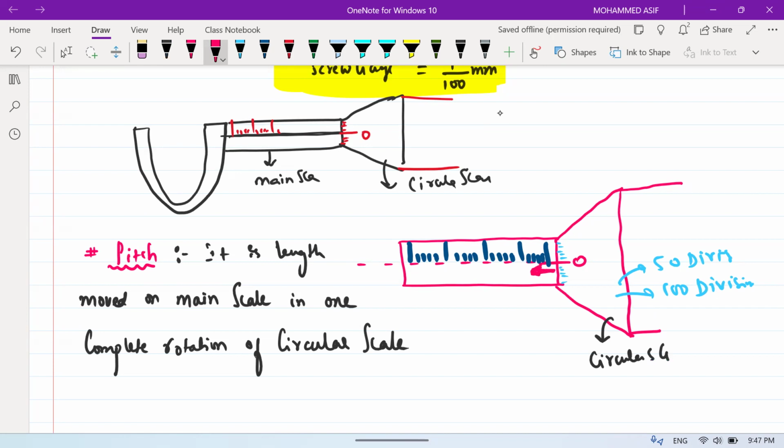So the distance traveled by the circular scale in the front direction, that distance is called pitch. Okay, one complete rotation मतलब 100 divisions भी हो सकते हैं, 50 divisions.